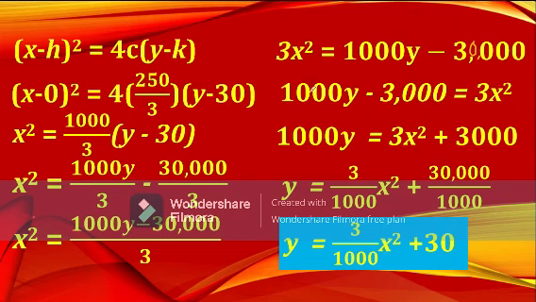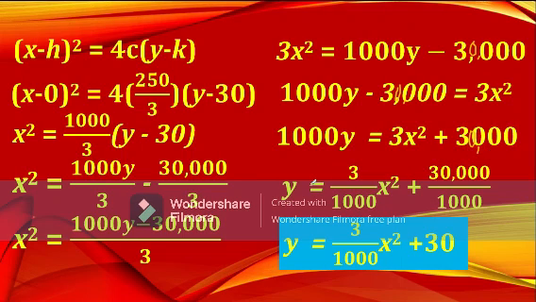Then 1000y minus 30,000 is equal to 3x squared. Then 1000y is equal to 3x squared plus 30,000. This is 30,000, lacking one 0 here.